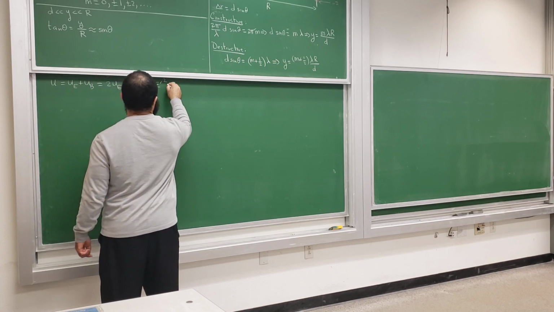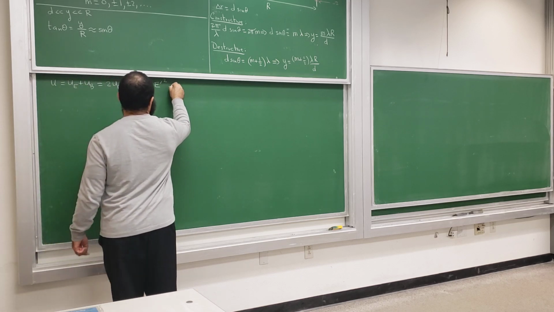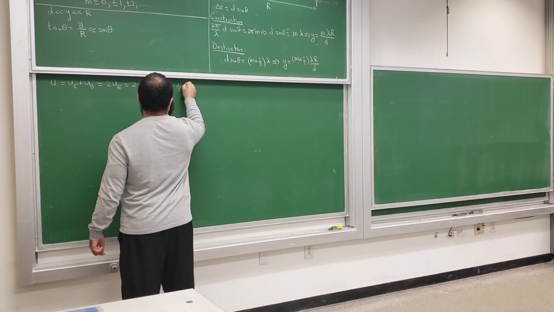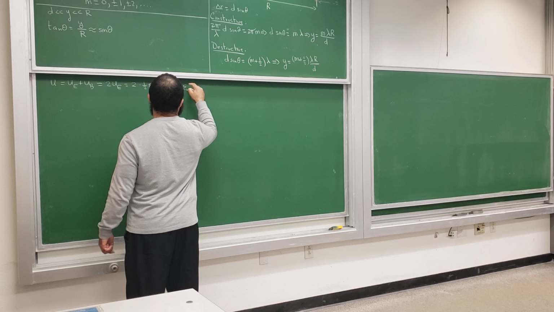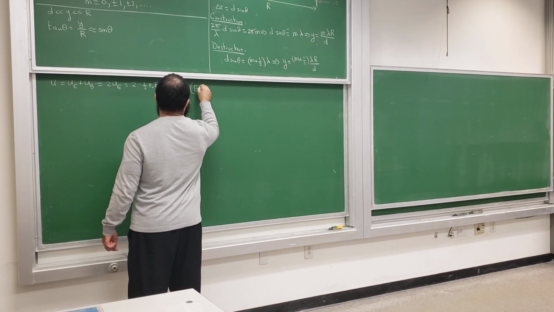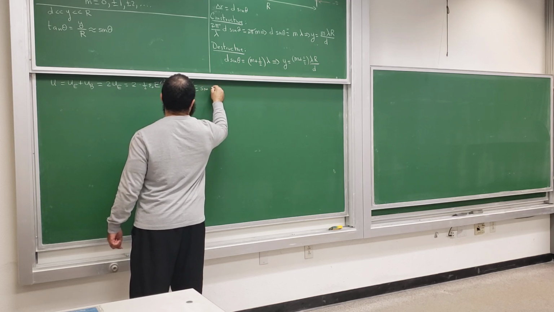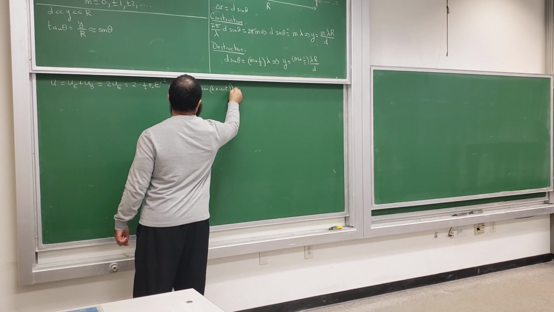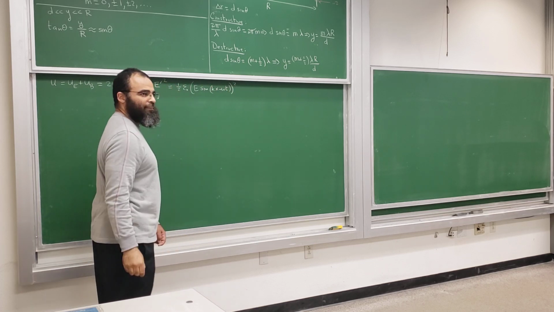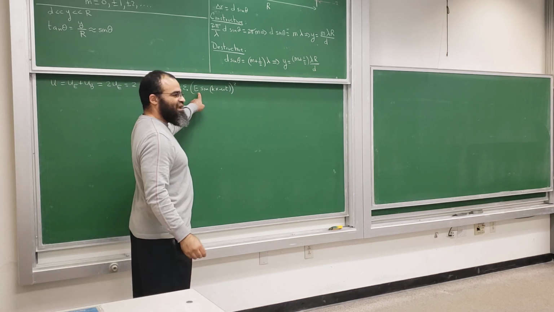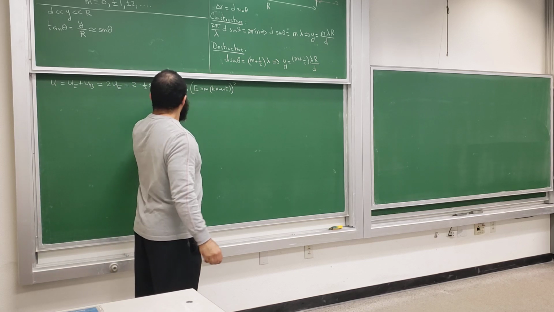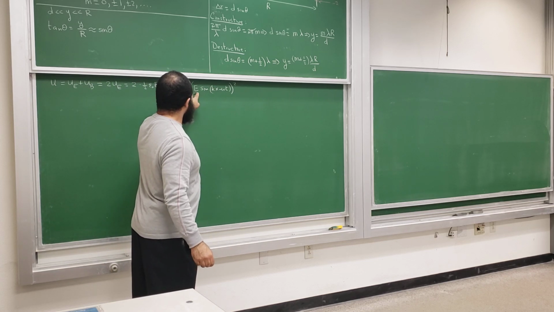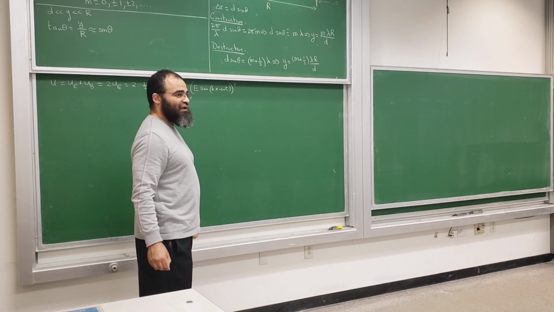E prime will be E times the sine of kx minus omega t, the whole thing squared. I want to use the letter E for the amplitude, and E prime for the electric field itself at time t.